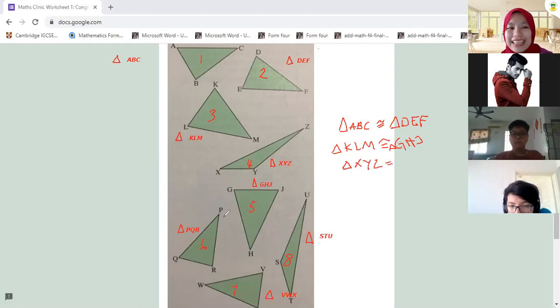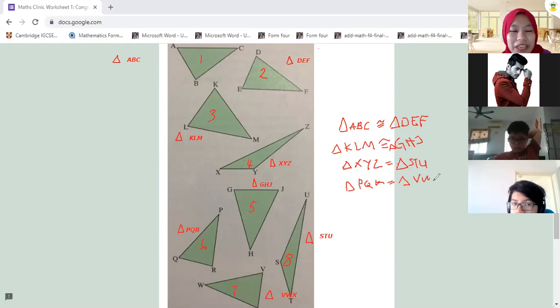Okay, obviously, it's the most obvious triangle. Good. Make sure that you mention the alphabet according to alphabetical order. Okay, next. I think last one, right? Last pair, PQR. Triangle. Okay, good. Triangle VWX.